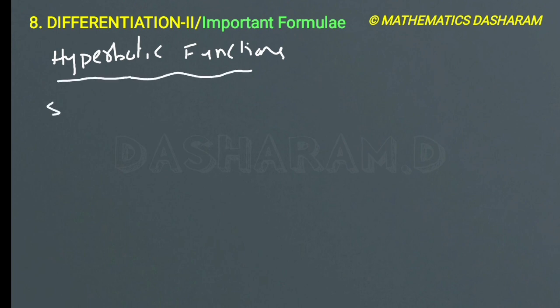So the first one is sinh x equal to (e^x minus e^-x) divided by 2.